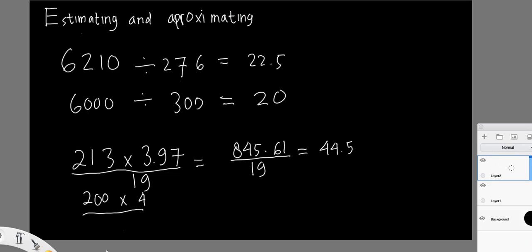So this will be 200 times 4 over 20. Cancel it, it will be 10 times 4, which is 40. So the result of the manual one and the estimating one are close, because 44, if we round it, will be 40.